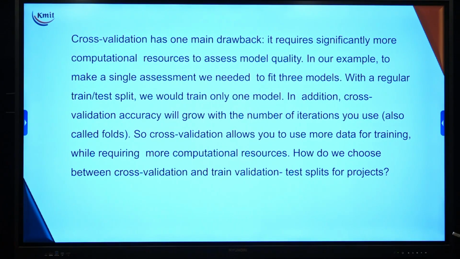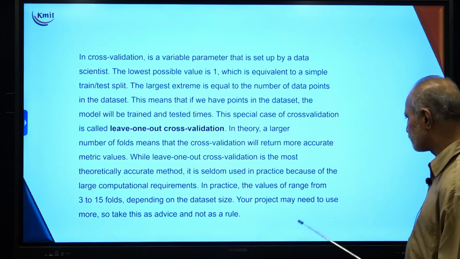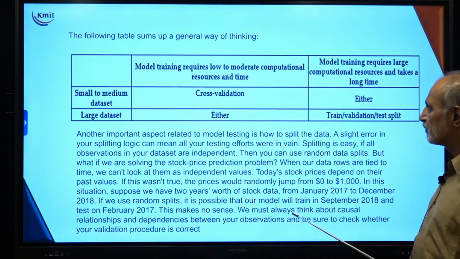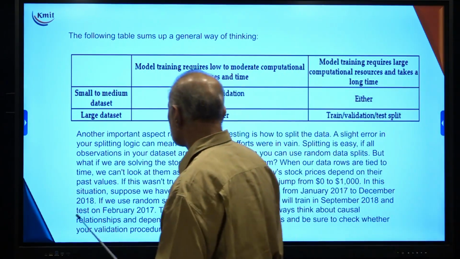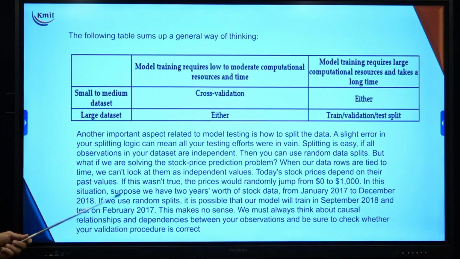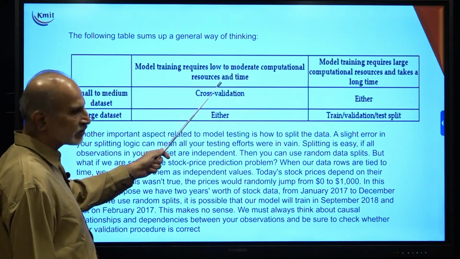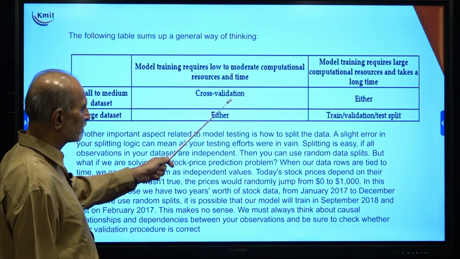How do we choose between cross validation and a train-test split? That is what we call the test splits of the project course. Whenever you are using cross validation, you go for a small to medium size data set, and I am showing you a table here. The table corresponds to the size of my data, small to medium. Then the model training requires low computational resources and time, so you go for cross validation.